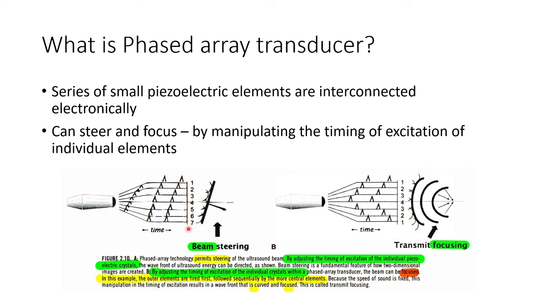That is, it is not straight. This is the final wavefront, so in this way we can steer it. In our echo machines now we have a button called steer, with which we can change that setting.